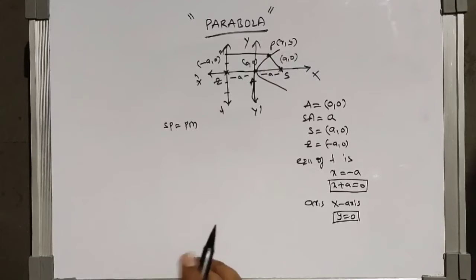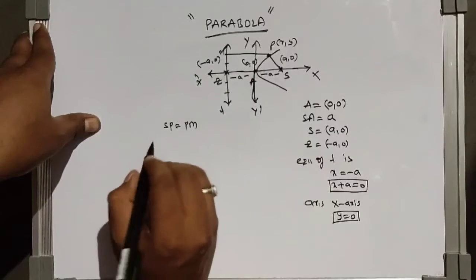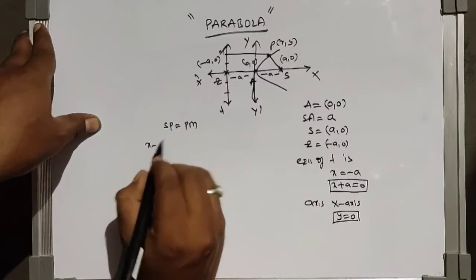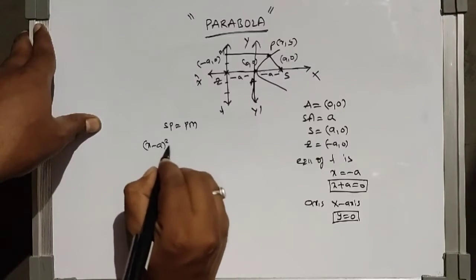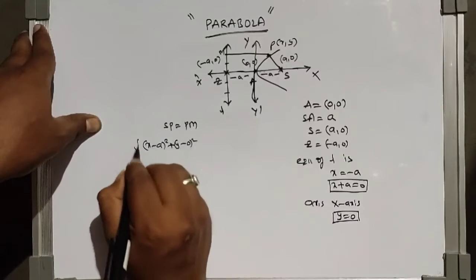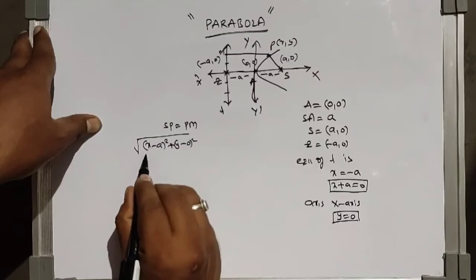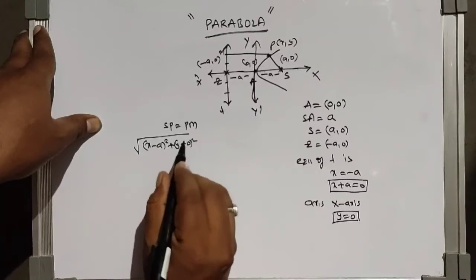Then SP, take the distance formula from P to S: the square root of x minus a whole square plus y minus 0 whole square. Here the distance formula is the square root of x2 minus x1 whole square plus y2 minus y1 whole square.